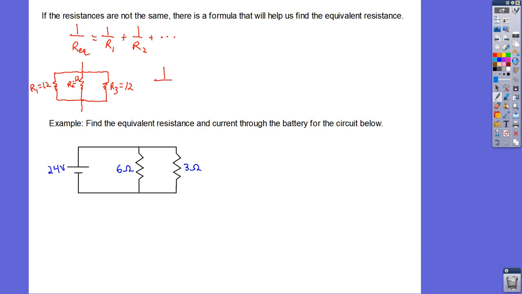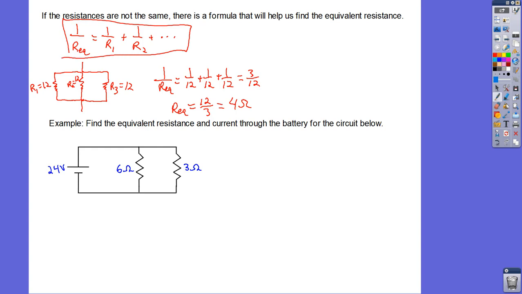And so 1 over the equivalent resistance would equal 1 over 12 plus 1 over 12 plus 1 over 12. Okay, so we've got fractions with a common denominator, we can just add across the top. That's equal to 3 over 12. But remember that's equal to 1 over Req. So if you want Req, you're going to flip it, or reciprocate, to use the fancy language. Req is going to be equal to 12 over 3, which would be equal to 4 ohms. Sorry, this equation is important. You should remember that. Okay.